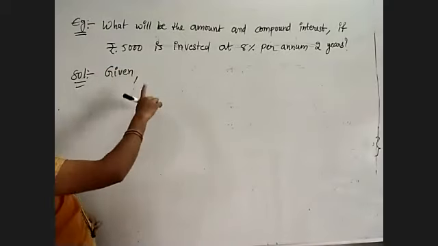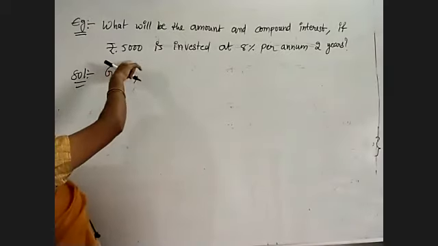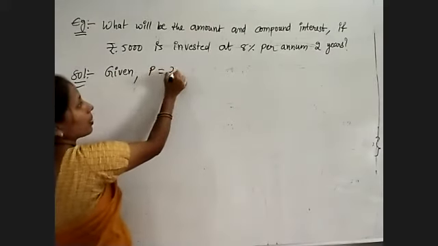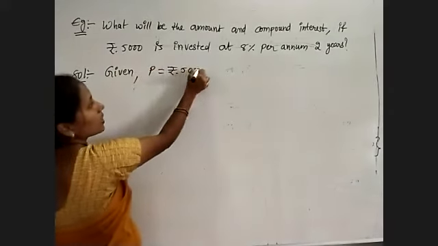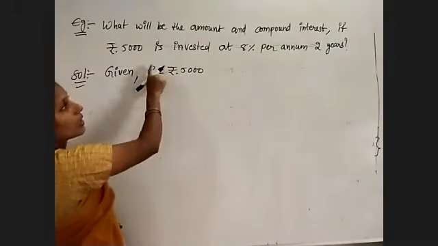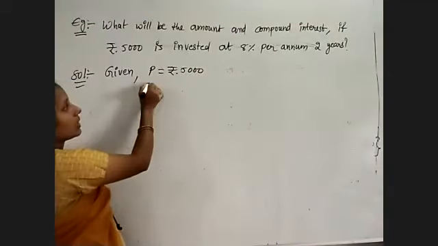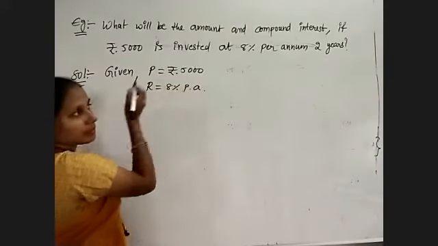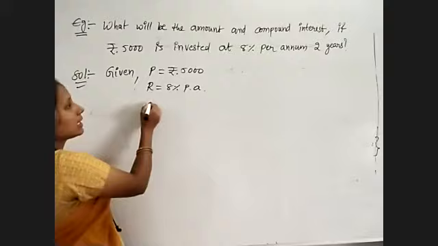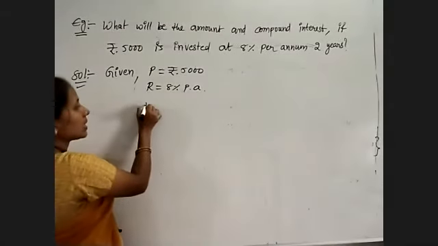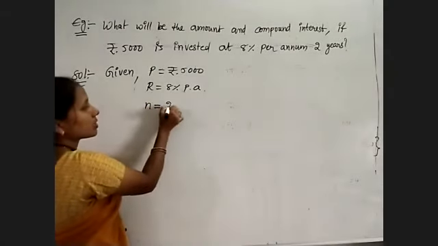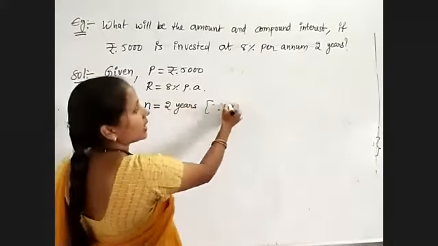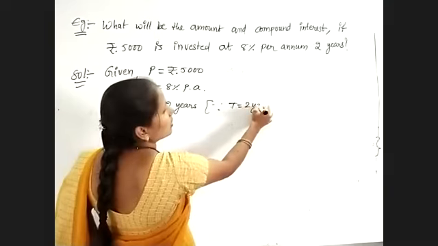Given that 5,000 rupees is invested, so it is the principal. P is equal to 5,000 rupees. At 8% per annum, that is R equal to 8% per annum. And T is equal to 2 years, and the number of conversion periods is also equal to 2, since the amount is compounded annually.